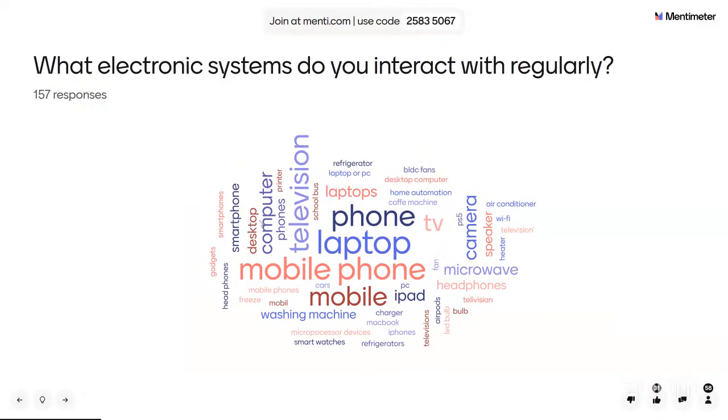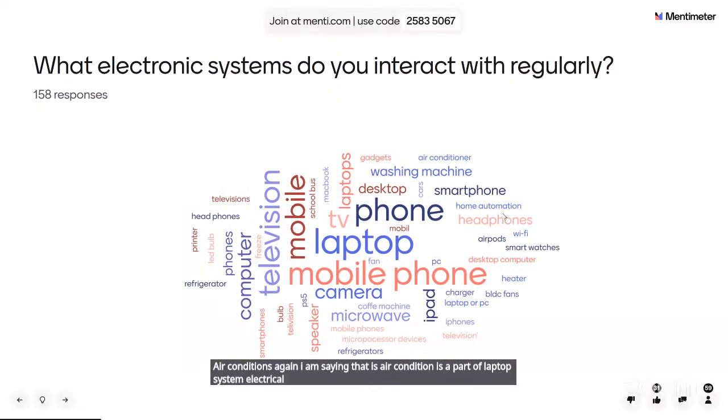If there is a display unit or sensors in the school bus, definitely it will be part of the electronic system. PS5, cameras, yes. Television, okay. Desktop computers, smartphones, okay. Smartphone gadgets, air conditioners. Again, I am saying that the air conditioner is part of the electrical system, but the controlling unit, which is controlled through the remote, is the electronic system.